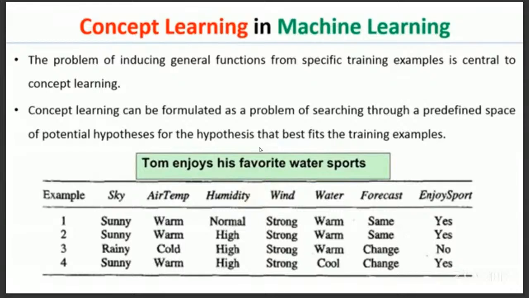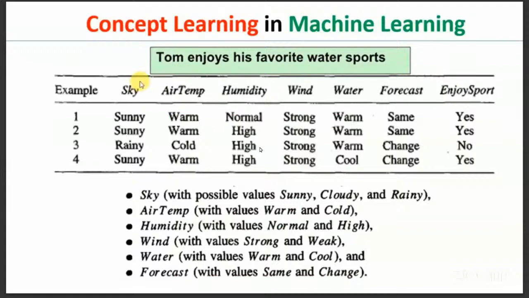Example, if you take, what are the values under each column? For sky, what are the values? Sunny and rainy. What are the values of air temperature? Warm, cold. What are the values in the humidity column?